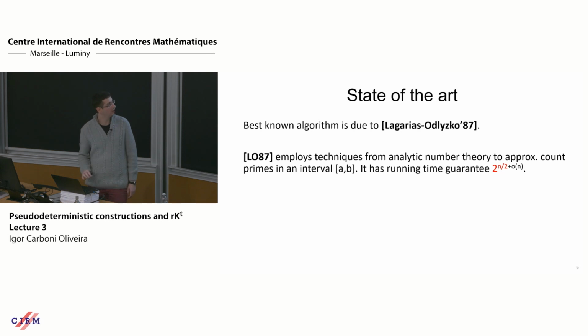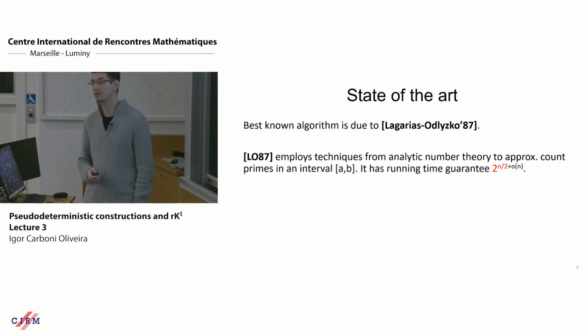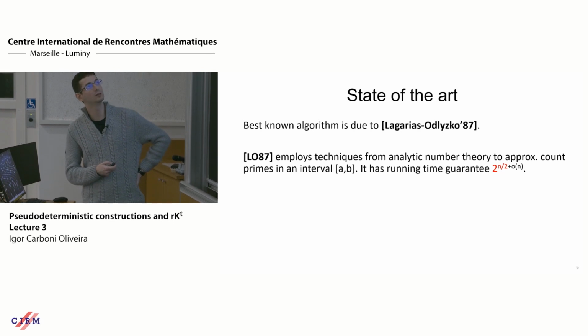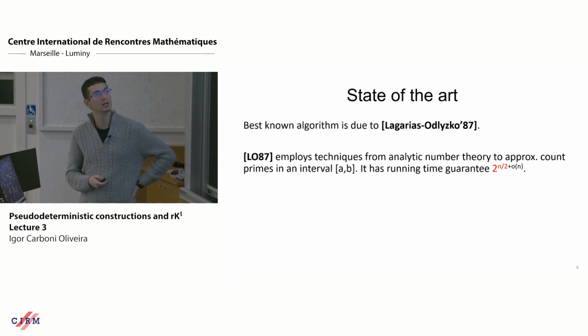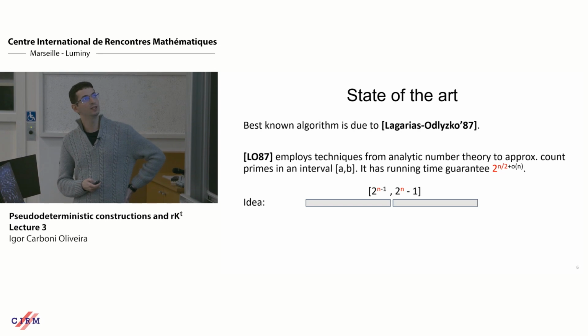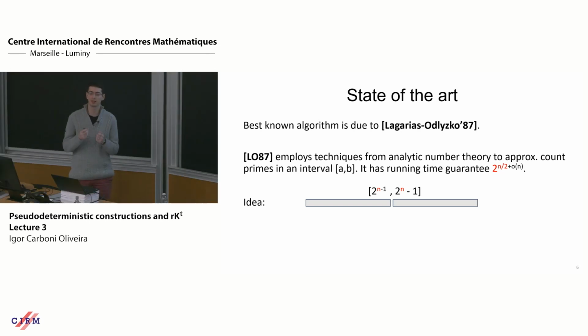Now the state of the art for generating primes in deterministic time is obtained from an algorithm given in the 80s. This is the idea. First you design a procedure that can approximately count the number of primes in a given interval. If you have an interval like this, it can tell you approximately the number of primes in time 2^(n/2).